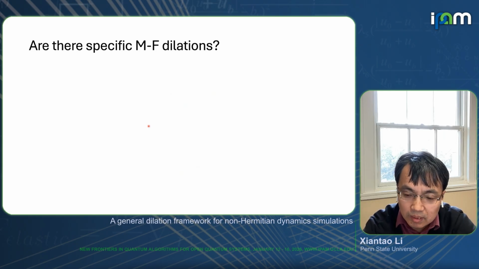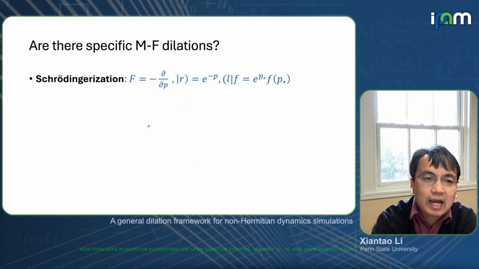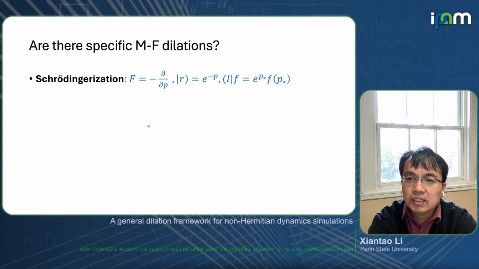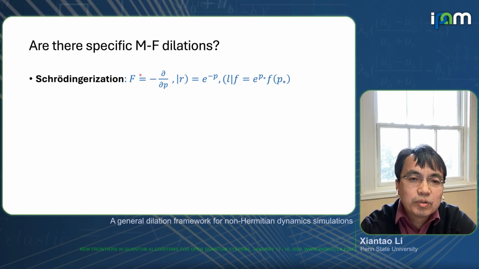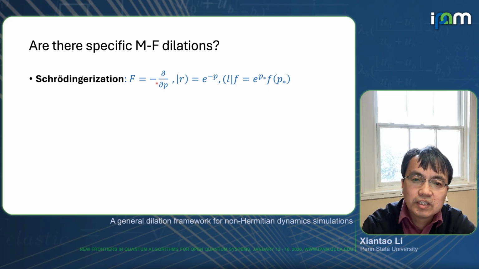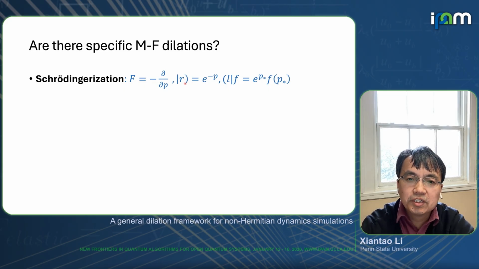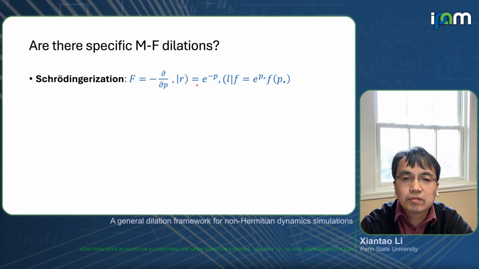It turns out that the Schrödingerization can be kind of viewed as one of the moment-fulfilling dilations. So the corresponding operator F is exactly this differential operator. And the function R, or the vector R on the right-hand side, is e to the negative p, right? For the choices of the functional L, there are many choices. So you can evaluate or you can integrate.